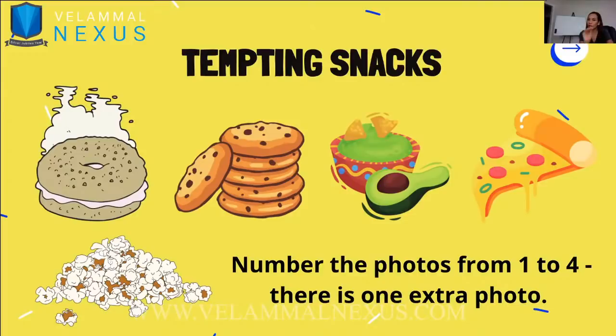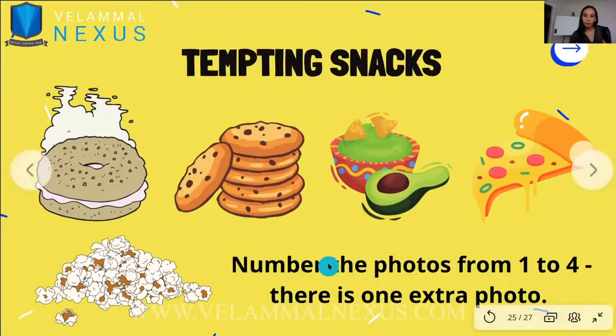So there is one of these snacks that they are not talking about. So I'm going to write the words here on the back so you can have them as reference while I play the audio, okay? Because I don't think I'm going to be able to play the audio and show you the pictures at the same time. So I'm going to stop sharing.